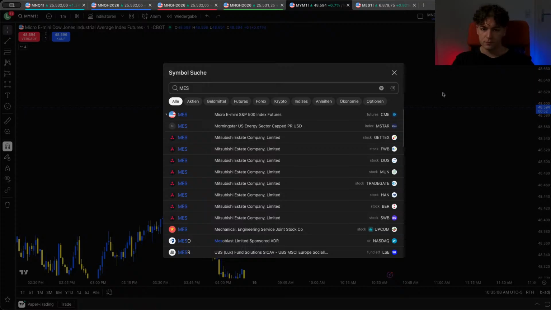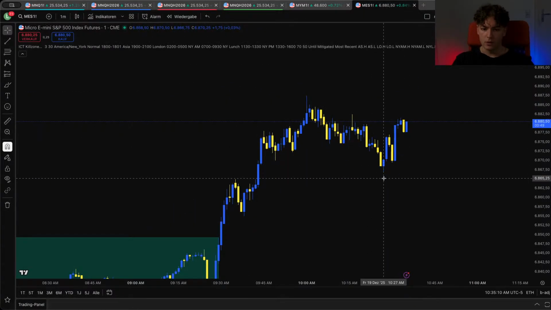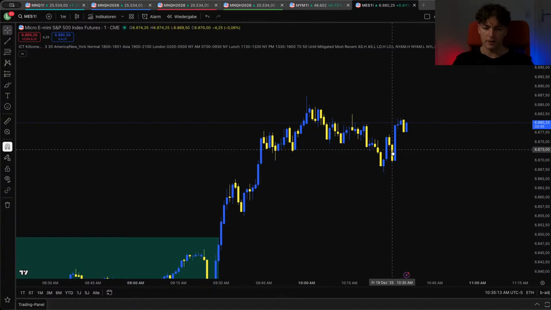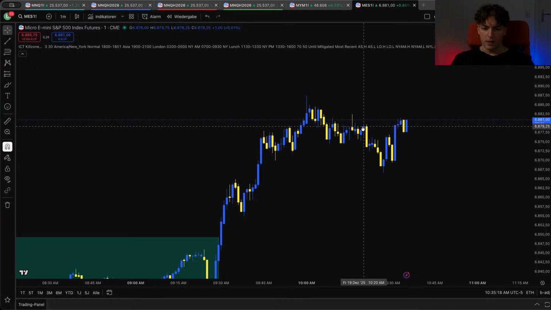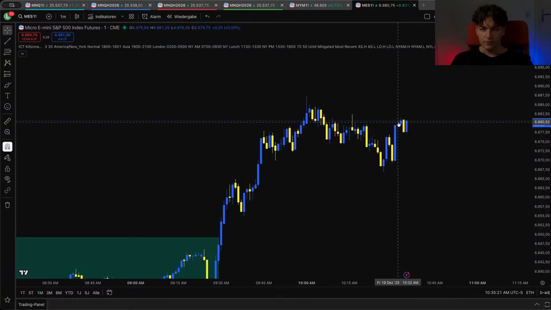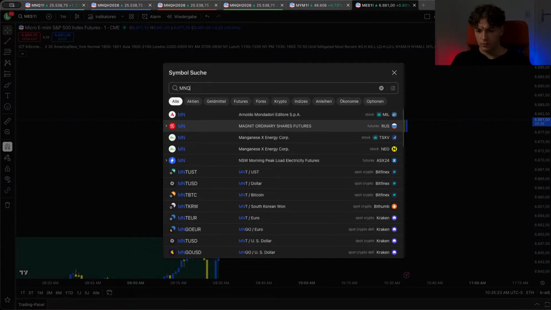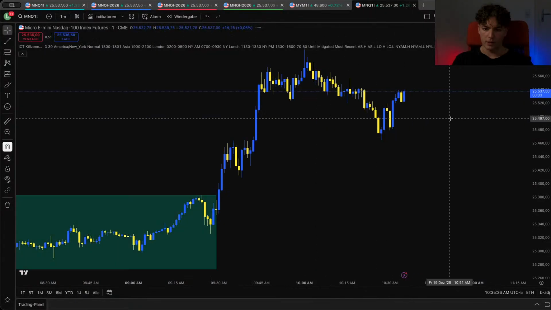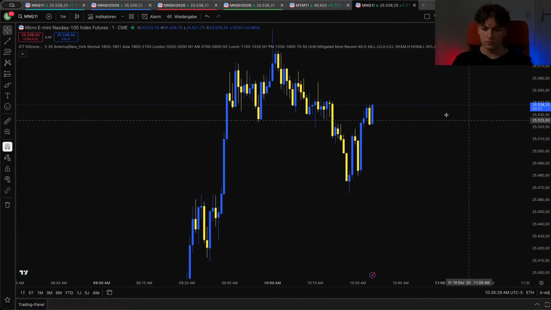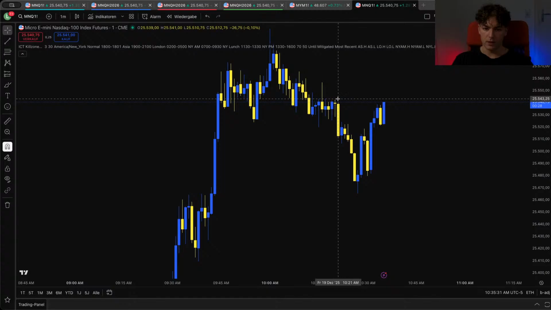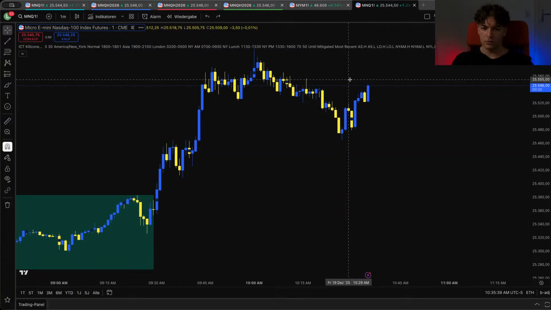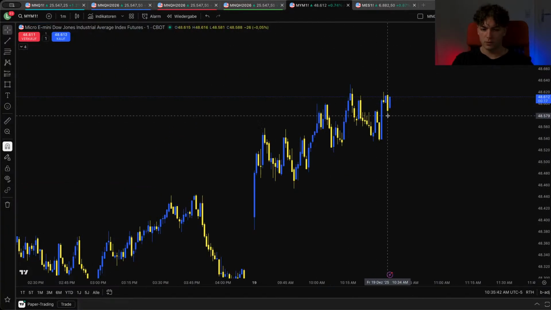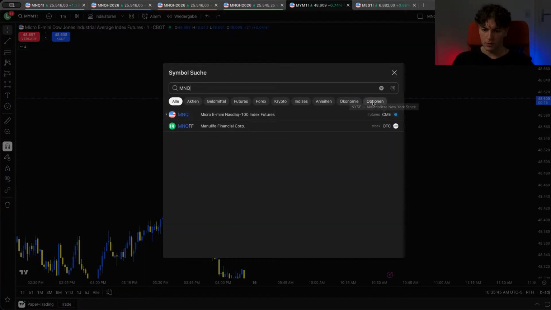MES did a lower low. Looks like NQ. But MES made a higher high, while NQ still remains weak. Okay, no higher high yet. So go back to ES and MNQ.